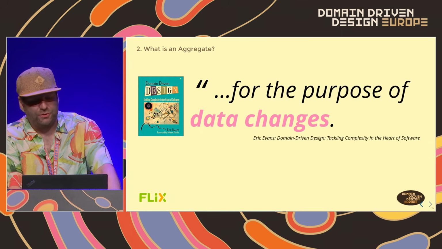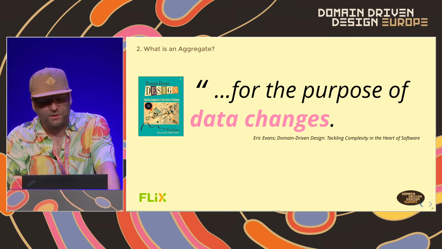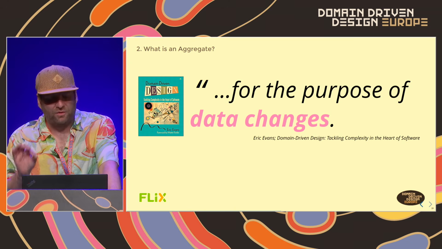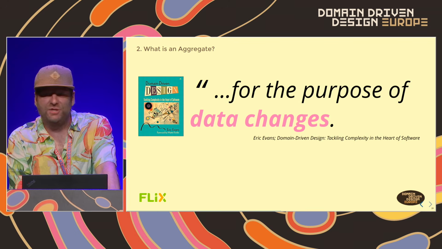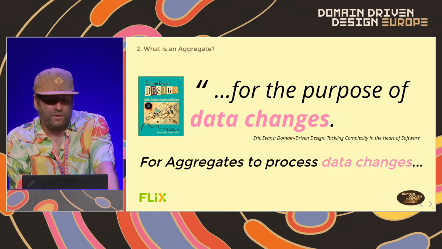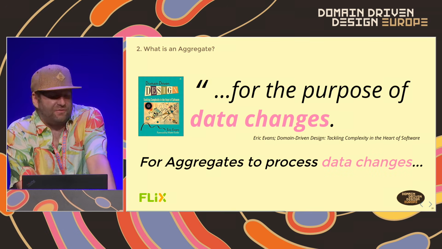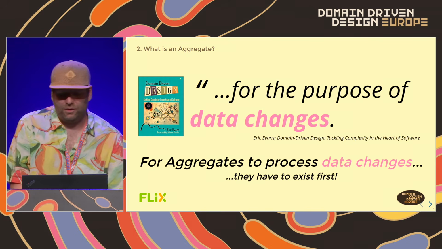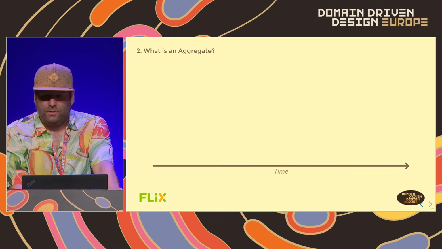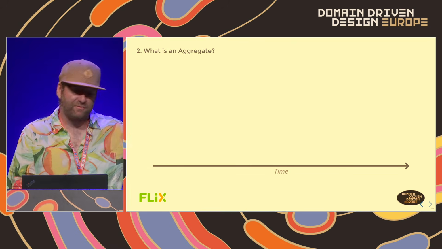So again, I want to come back to the quote of Eric Evans. And he especially mentions, for the purpose of data changes, right? So it's about changing things. But for aggregates to be able to process data changes, they have to exist first, right? So this is a timeline, time flowing from left to right.